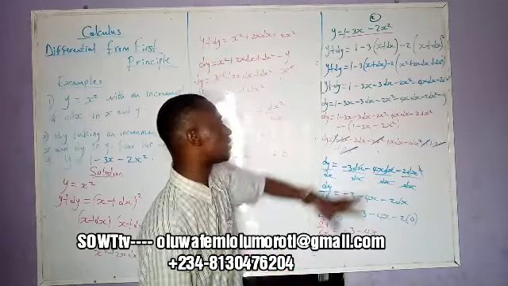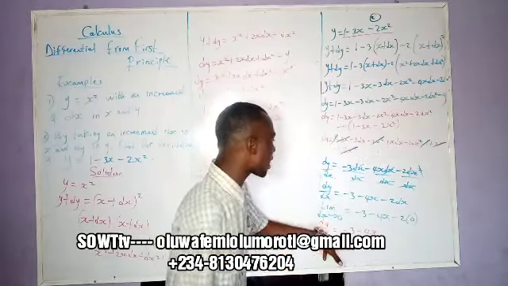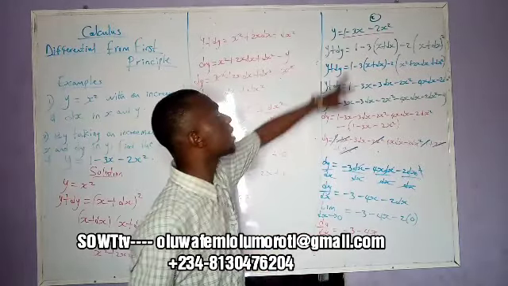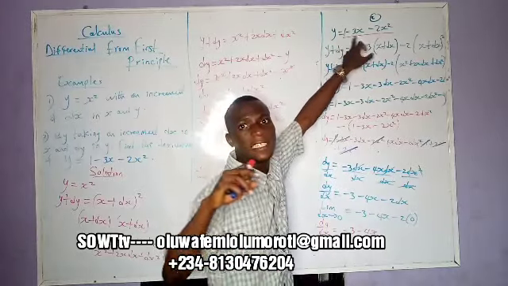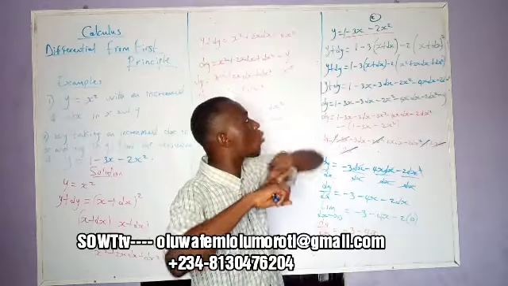So let's assume that here you didn't take note that you are wrong. By the time you arrive at your final answer, minus 3 minus 4x, there is still some logic that you can use to check. You know this 1 is a constant, and in differentiation, a constant is equal to 0.